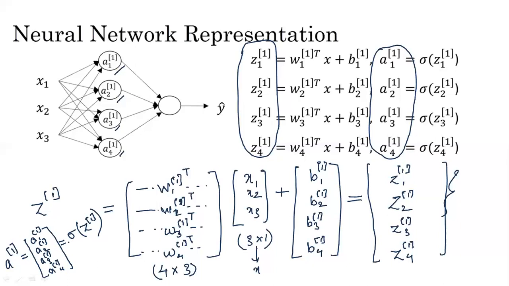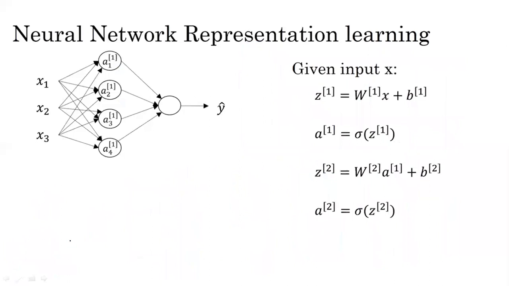Now let us move to the next slide. Until the previous slide, we tried to find the values of Z1, A1, Z2 and A2. What were the dimensions of these equations?